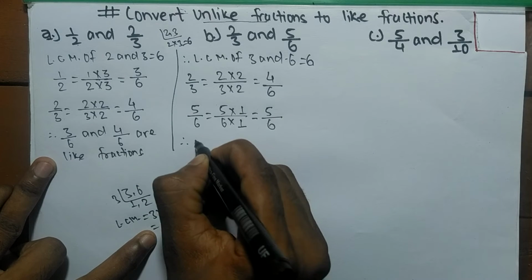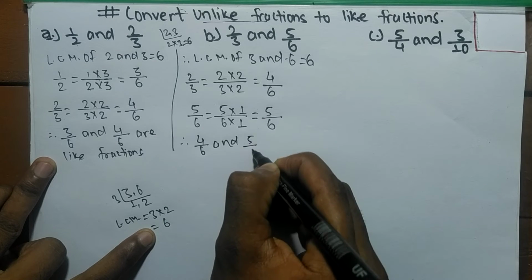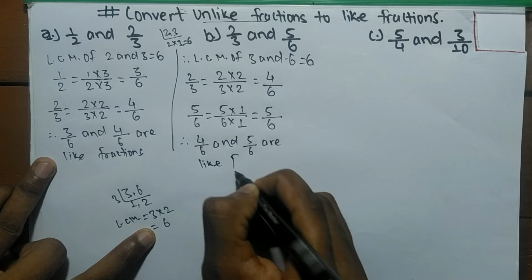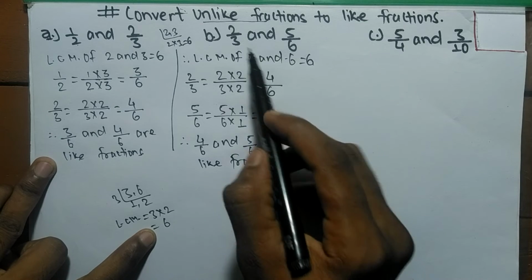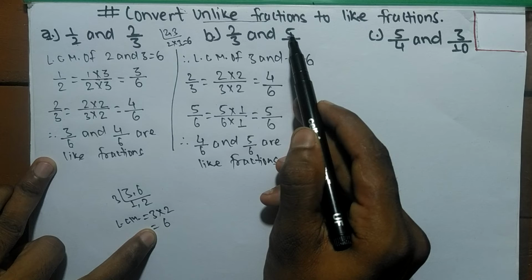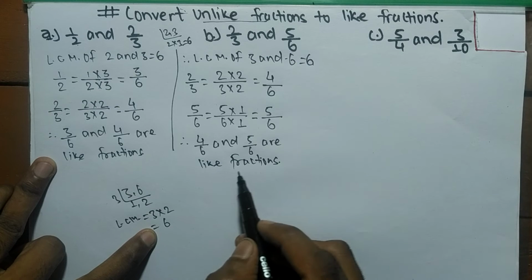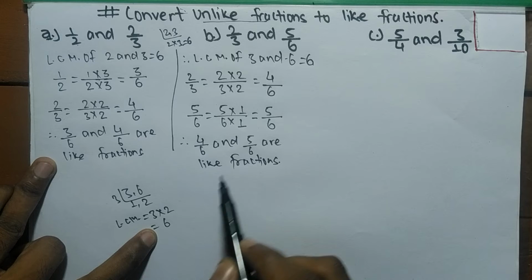Therefore we can say that 4 by 6 and 5 by 6 are like fractions. Initially we had 2 by 3 and 5 by 6, which are unlike fractions because their denominators are different, which is 3 and 6. So we have converted them into like fractions whose denominator is the same, 6 and 6.